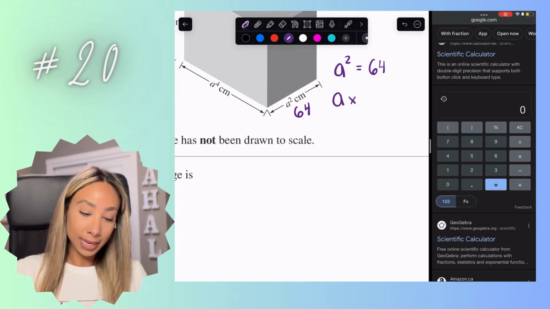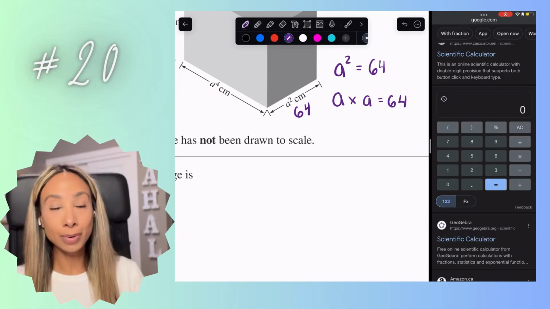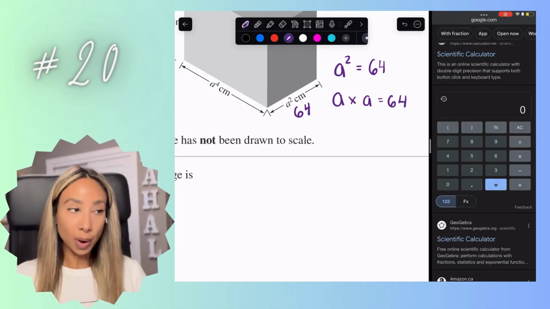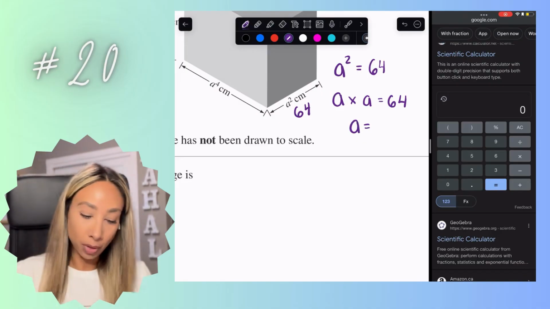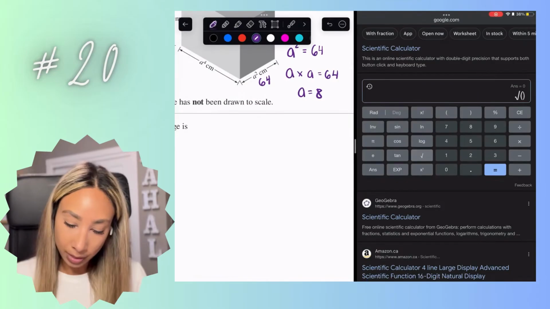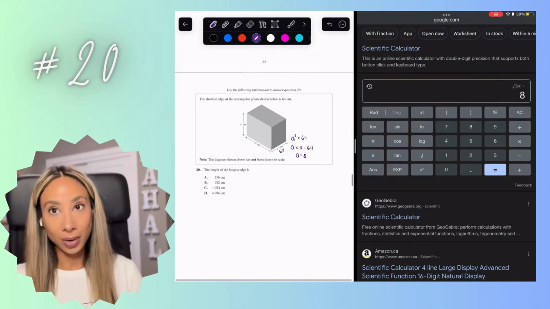So what we're saying is A times A is equal to 64. So we're saying what 2 numbers are the exact same that equal 64? Well, if we remember our square roots or just our multiplication table, we know that A is equal to 8. Okay, and I can show you that here as well. If it's a perfect square, we can go with the square root of 64, and that's going to be 8.